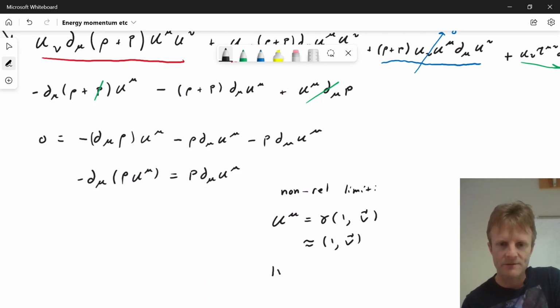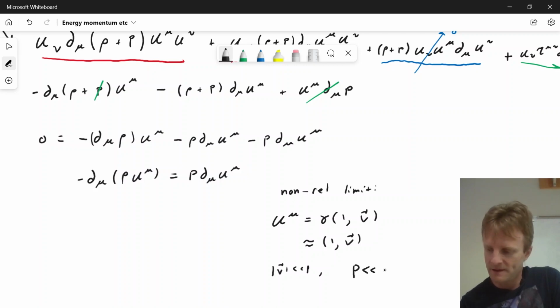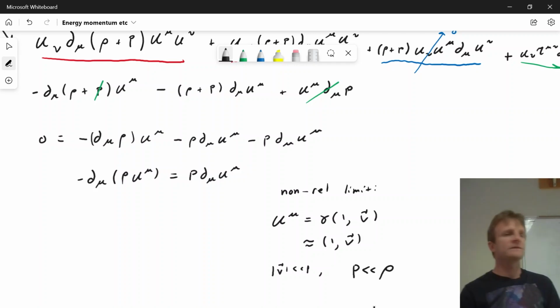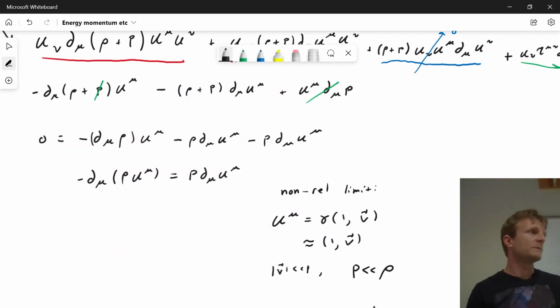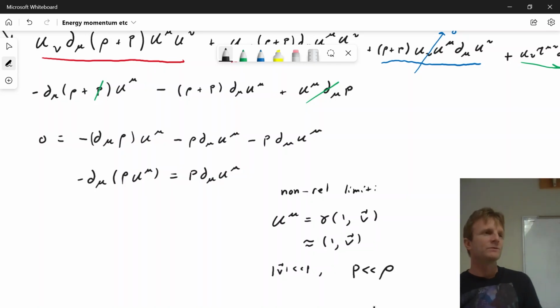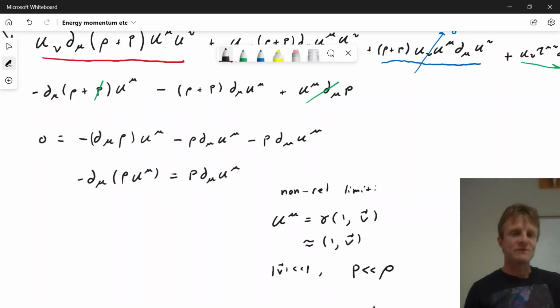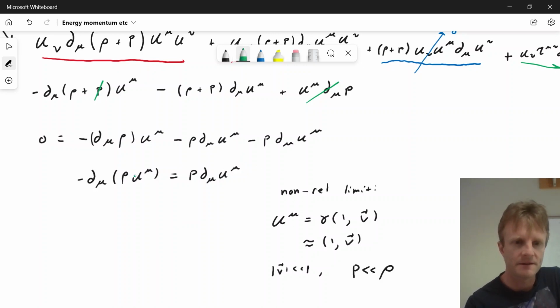We'll also have the norm of v much, much less than 1. The other thing in the non-relativistic limit is pressures will be small compared to energy densities. This is basically saying that kinetic energies are small compared to rest mass energies. There's a lot more energy in a mass than in how fast it would be moving. And so in the non-relativistic limit, we get to drop the pressure entirely.